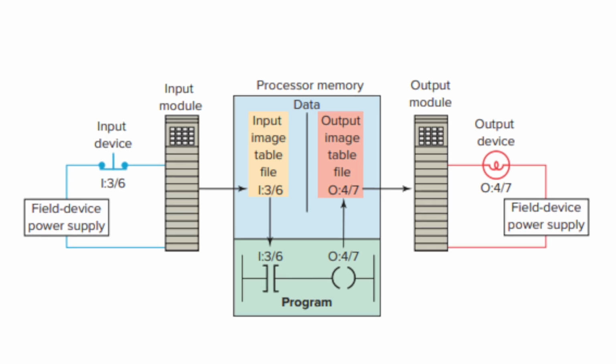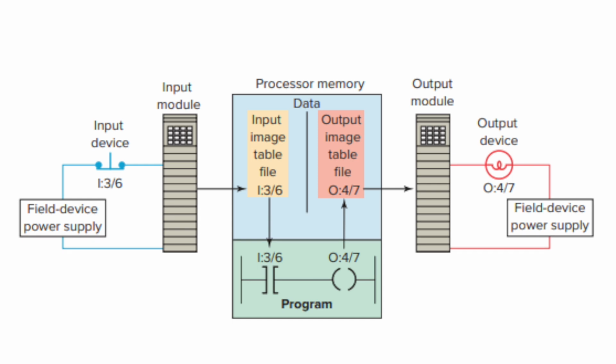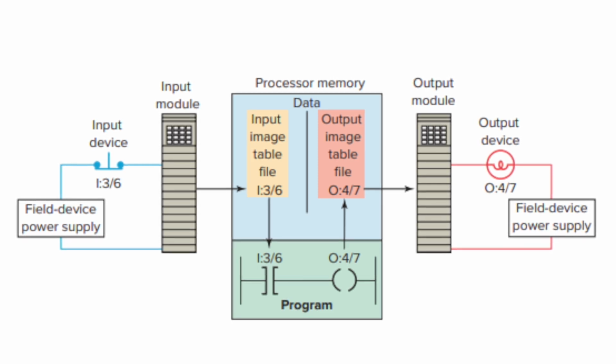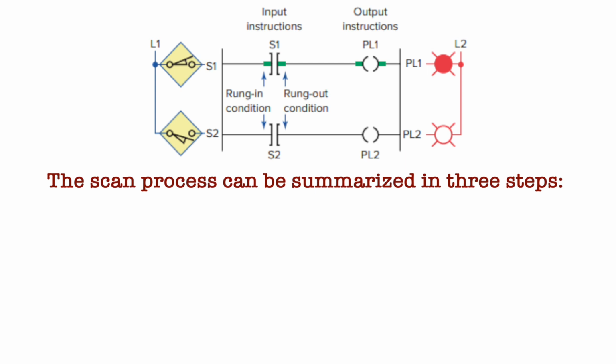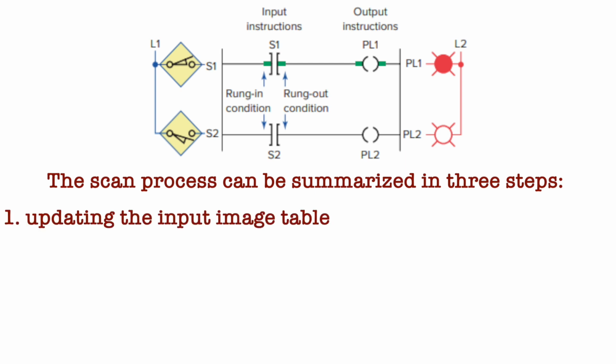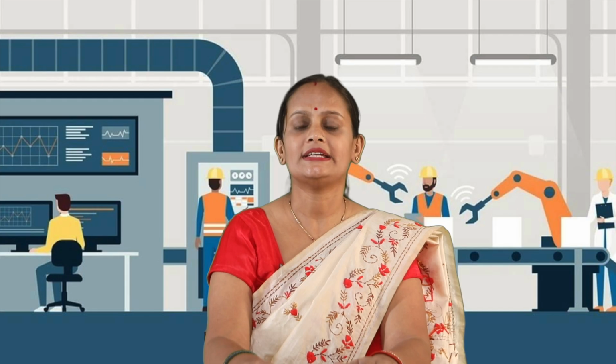The PLC evaluates each rung based on the preceding rung condition, basically setting the output condition. The scan process can be summarized in 3 steps: first, updating the input image table; second, solving the ladder logic; and third, updating the output status. Each instruction requires a specific execution time which depends on the instruction type and the processor clock frequency.